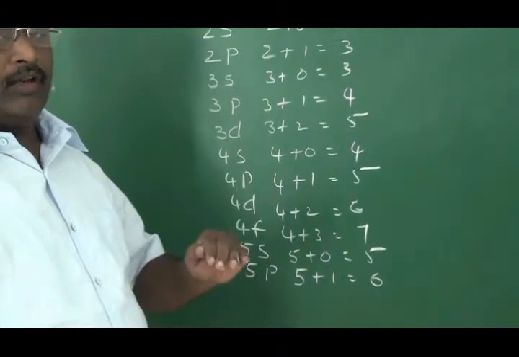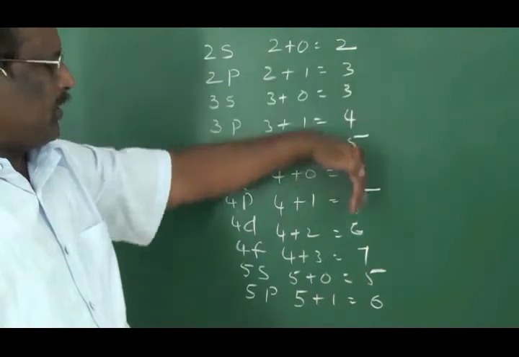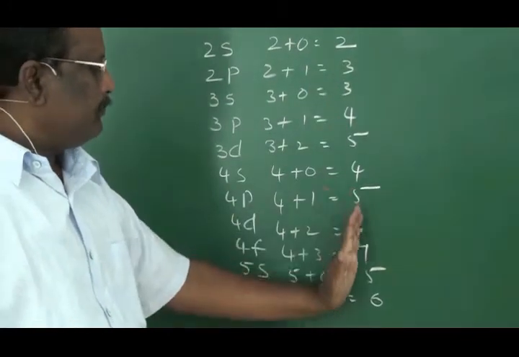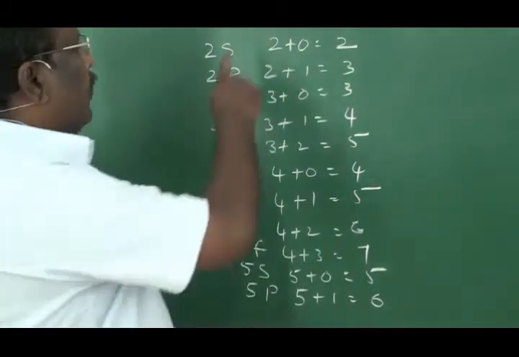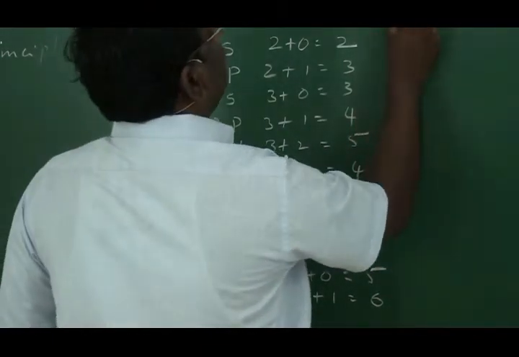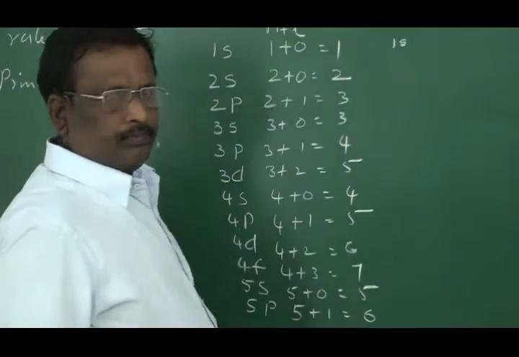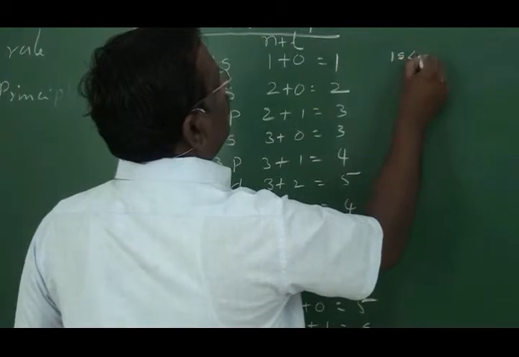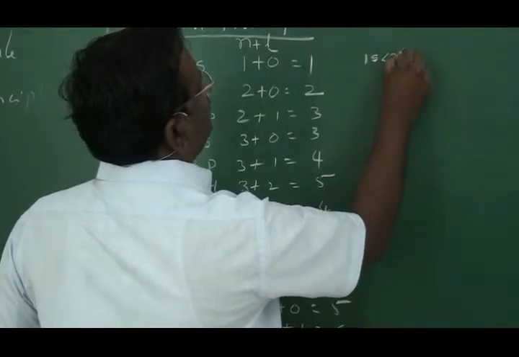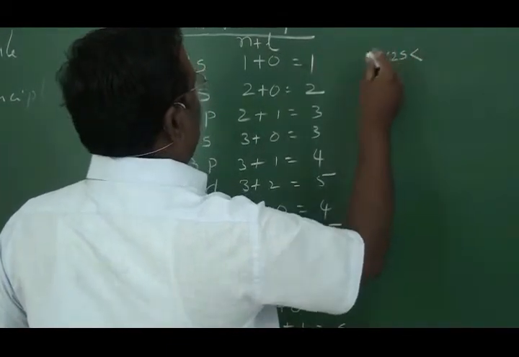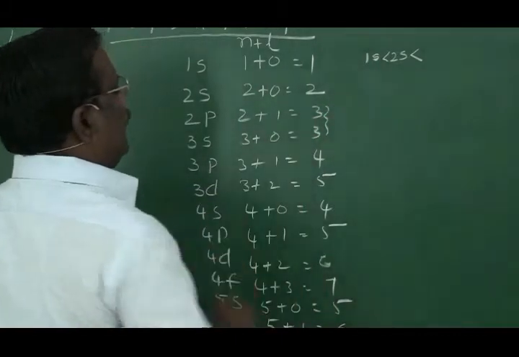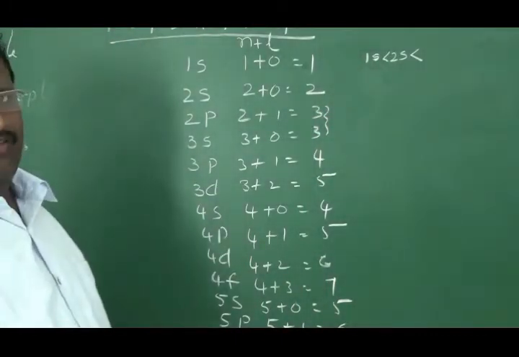Now the electron will be filled according to this order, not this order. That means 1s orbital is filled first. Then 2s orbital. Then here both 2p and 3s will have the same n plus L value.